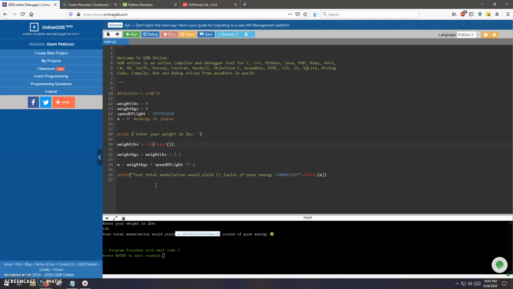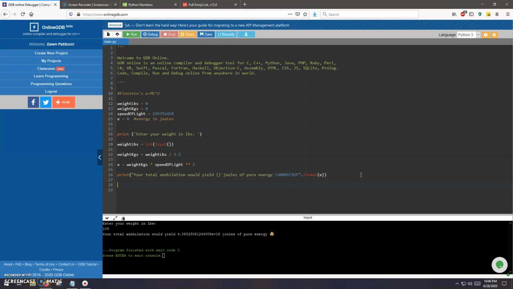So this number here, it might look like kind of a garbage number, but this is an actual number. When you see E in a lot of programs and computing, that means times 10 to the.